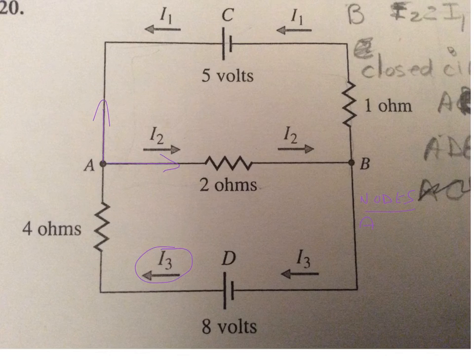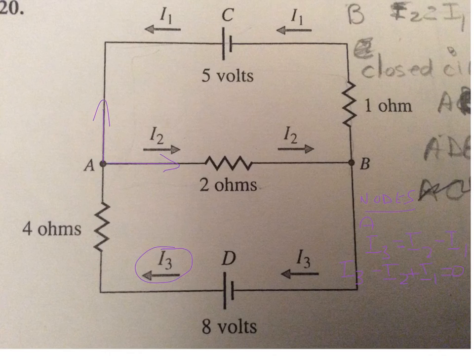So we could write that I3 equals I2 minus I1. And if we put that all together, then I3 minus I2 plus I1 equals 0. Sorry, that's a little hard to see.